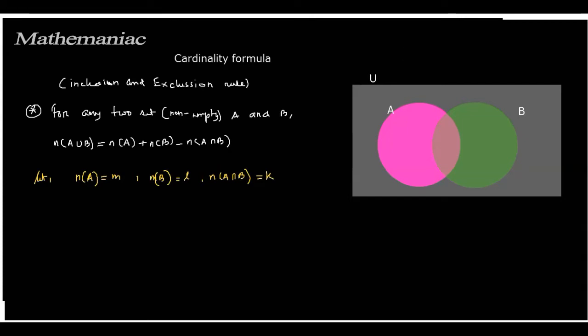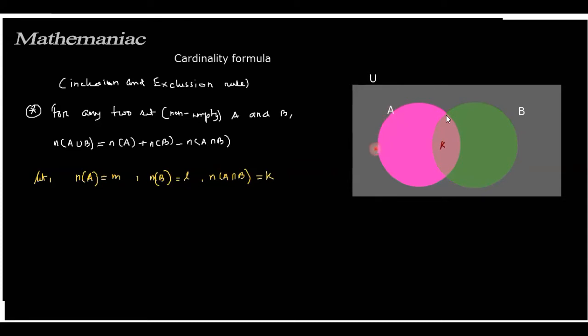Now, what I'm going to do is write these numbers inside this figure. Here in this common portion, I have how many elements? K. Do not be confused again: this K is not the element, it is the number of elements in the common portion. Very fine. Now just observe.